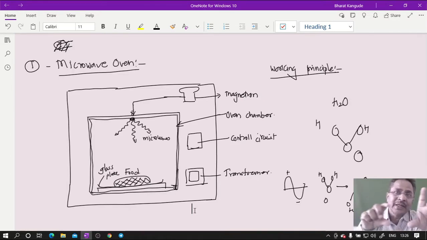Just like a dipole gets aligned with the electric field, this dipole of hydrogen, oxygen and hydrogen, the H2O molecule, also gets aligned with a field which changes very frequently. During that process, heat emerges, or the microwave energy gets converted into heat energy, and thereby the food gets heated.